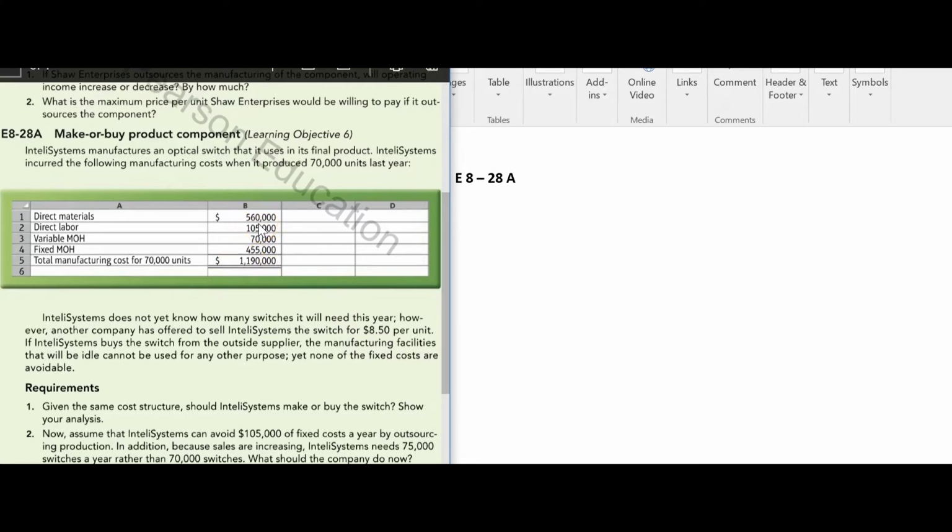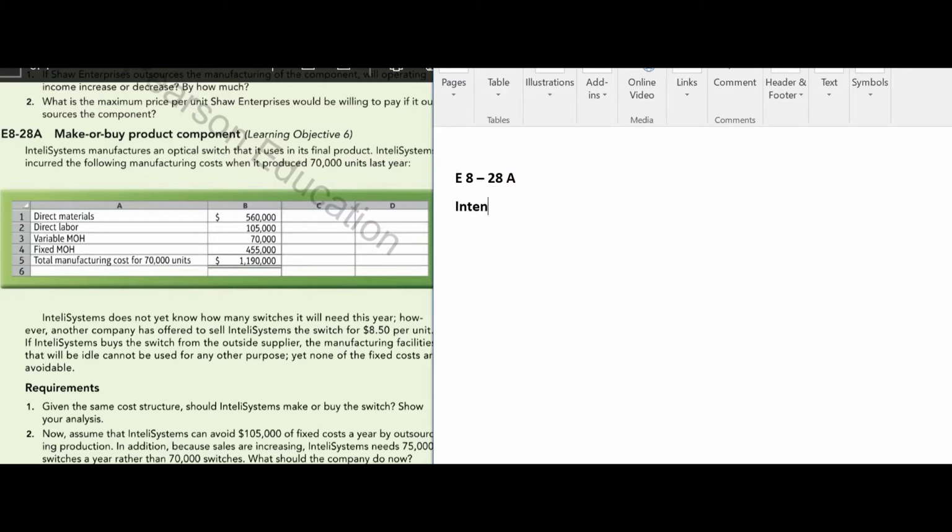So here you will see that all are cost information, so we will not do any income statement. We will not focus on contribution margin because we don't know the sales price of the final product or what portion of it is of our final product. Rather, we will just focus on our cost structure. So let's analyze the cost.